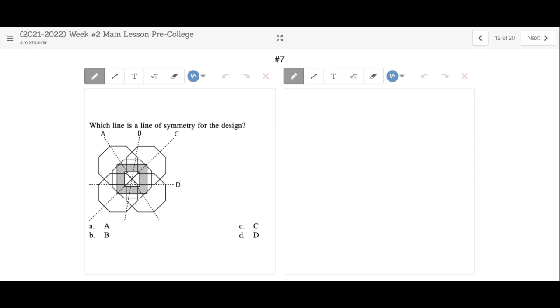Letter C. I would agree 100%. That is correct. Letter D looked like it would work, but it's a little bit lower than halfway through there. When I first looked at it, I thought, oh, it's a letter D, and then, oh, it's not. If D was working, it would have to be up here just a little bit more. Then D would be correct. But letter C cuts it directly in half. So I agree that letter C is correct for that one.